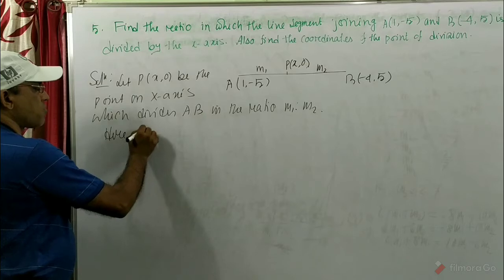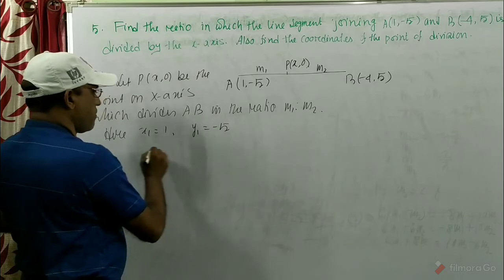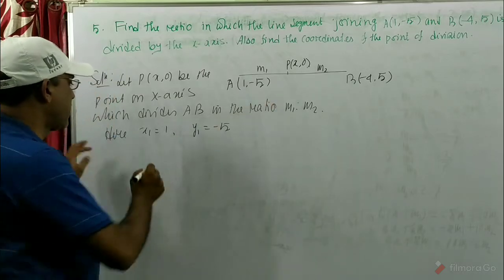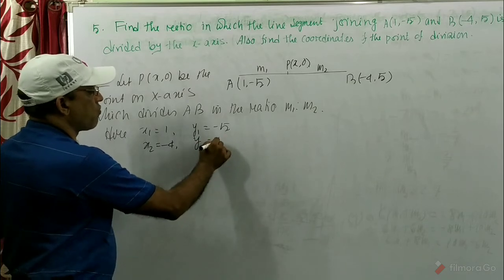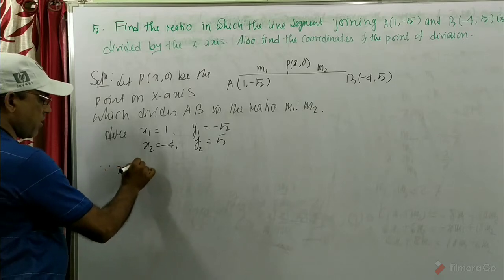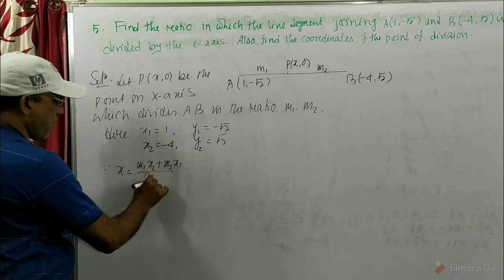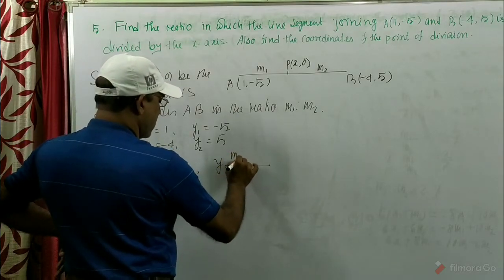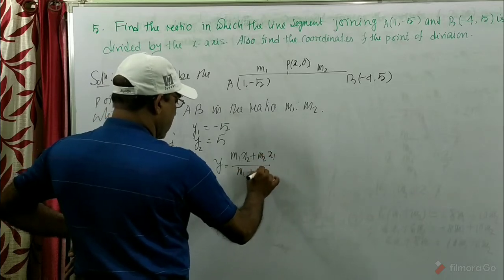So here we get x1 equal to 1, y1 equal to minus 5, x2 equal to minus 4, y2 equal to 5. Since we know the section formula, x equal to (m1 x2 plus m2 x1) by (m1 plus m2), and y equal to (m1 y2 plus m2 y1) by (m1 plus m2).